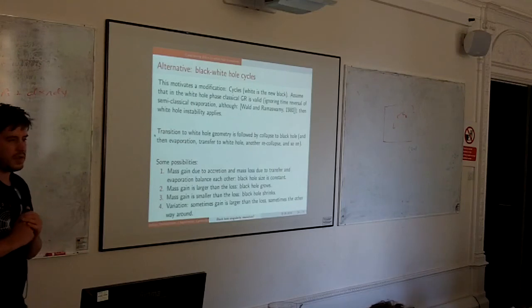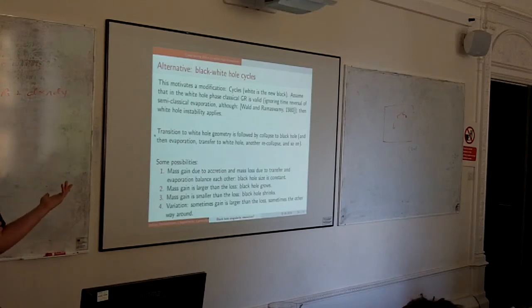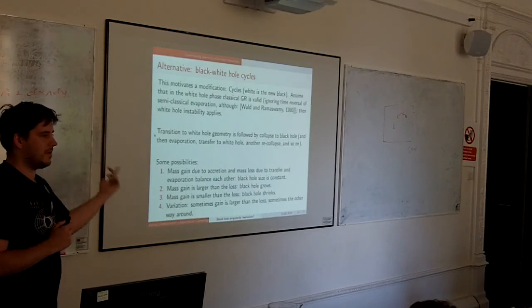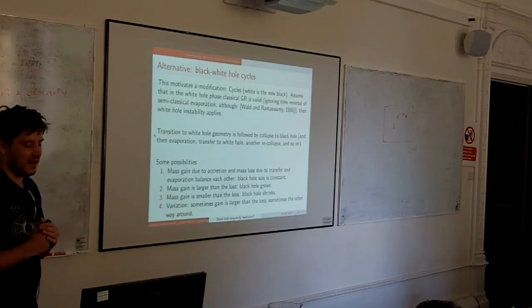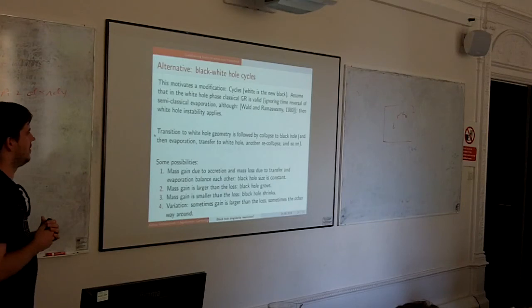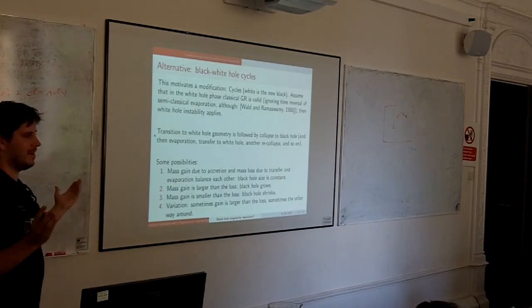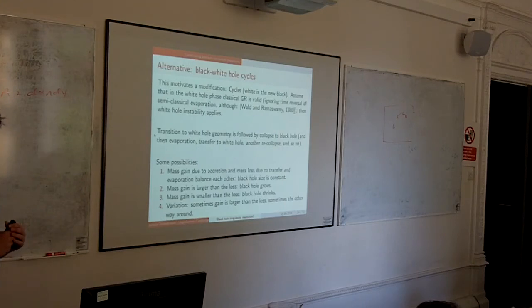And so that, to me, suggests modification of this story about the life of a black hole. So I would call it cycles, and the advertisement is that white is the new black.